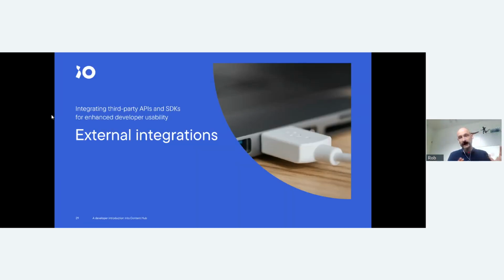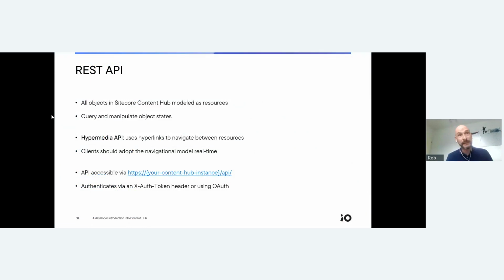So those were the internal integrations, being the events, the triggers, and the page components. But you also have what Content Hub calls external integrations. And the REST API, which we've talked about a lot already today, is one of those external integrations.